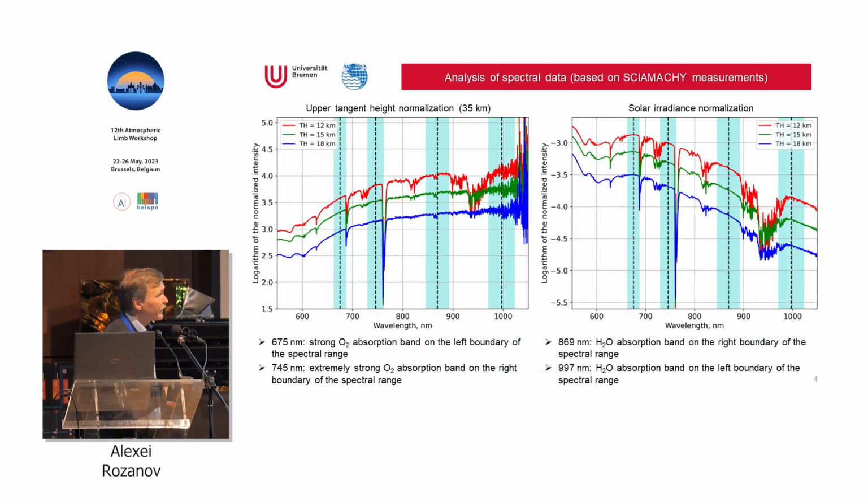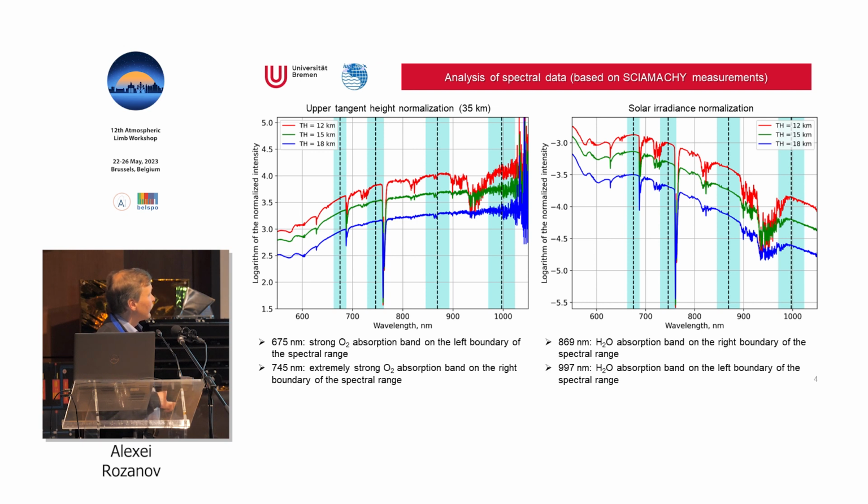So now a couple of words on why we're still staying at the 869 nanometer wavelength, and these are two plots. On the left, the normalization to the tangent heights, on the right the normalization to the solar spectrum. And these grayish colors are different wavelengths, as used, for example, by another retrieval.